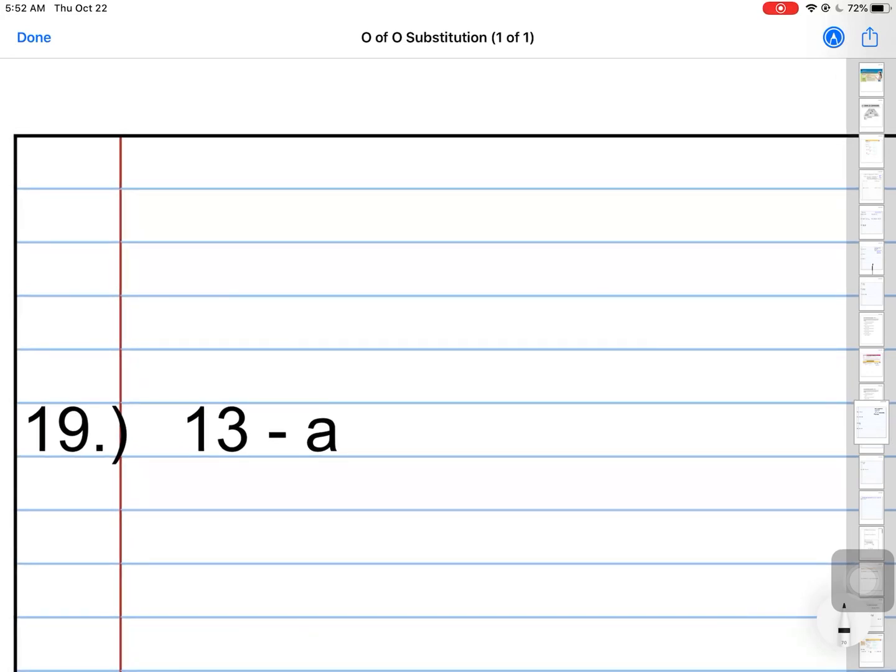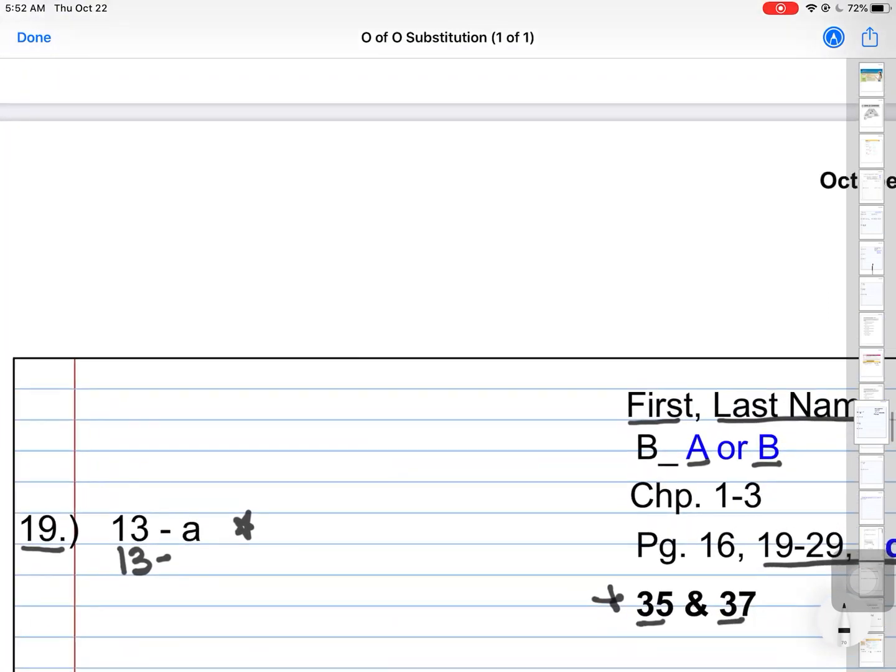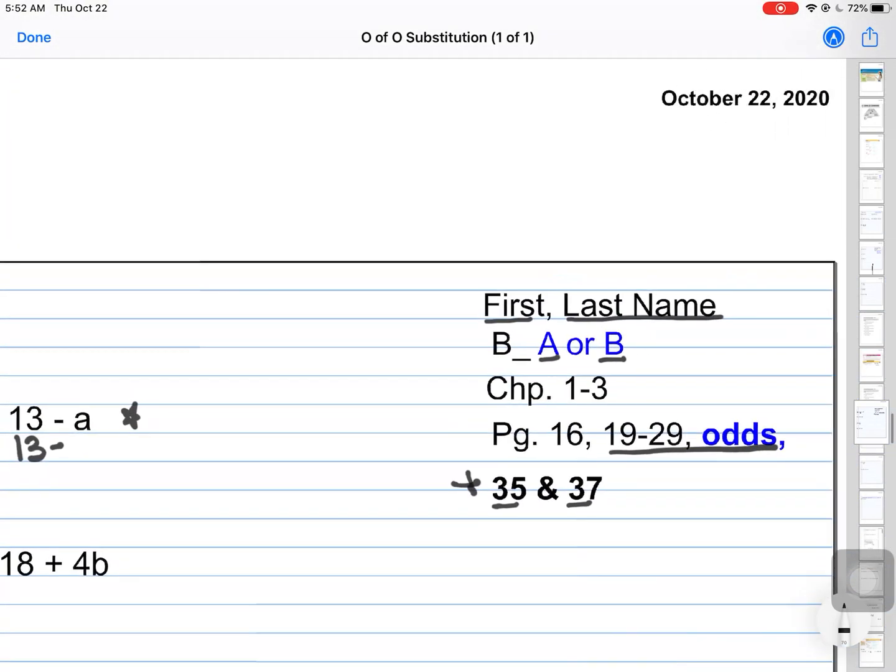All right. Coming over to copying down the problems. Again, starting with number 19. 13 minus A. You copy down the original problem here. We always want to have that down. After you have your original problem down, we've got rewriting 13 minus, and what is A?